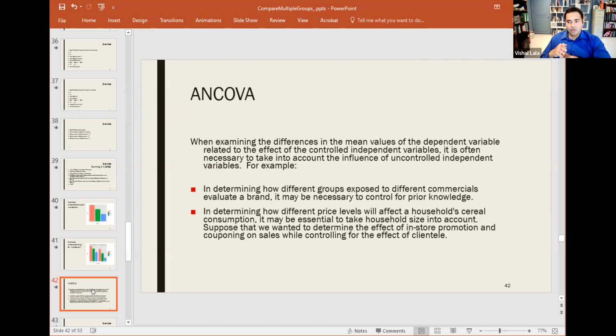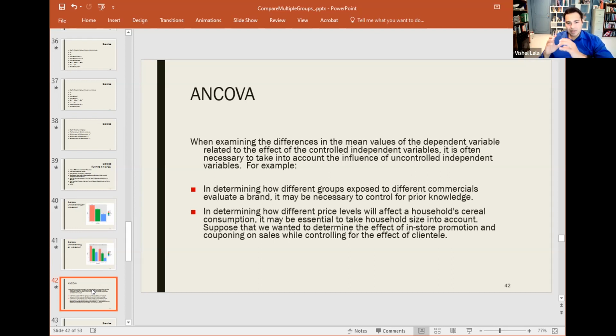There are other times when you do not have the ability to experimentally control for differences across groups because they're pre-existing groups, like based on demographic variables. In those cases, it is even more important to consider the potential contaminating effect of some uncontrollable variable.